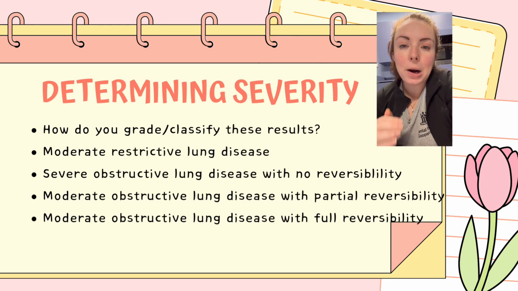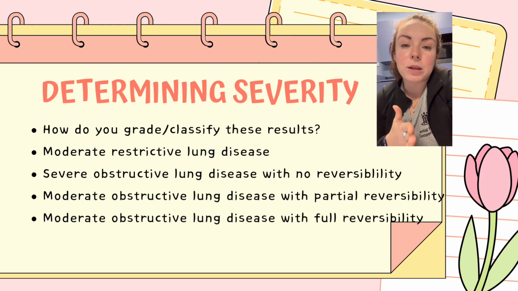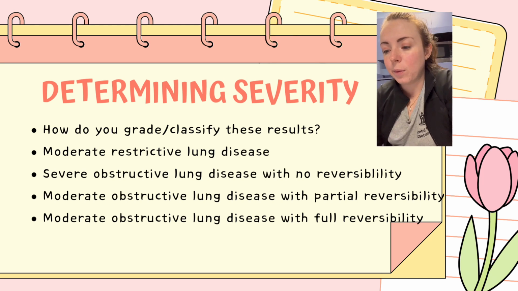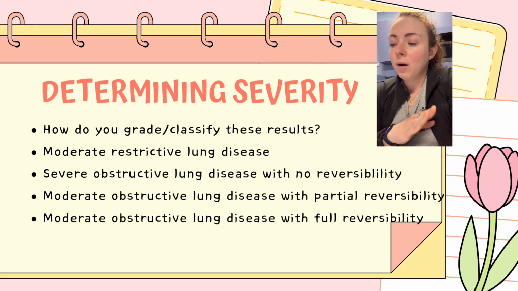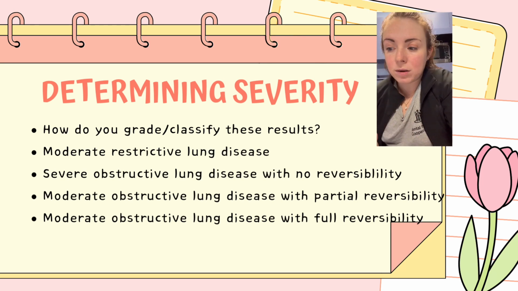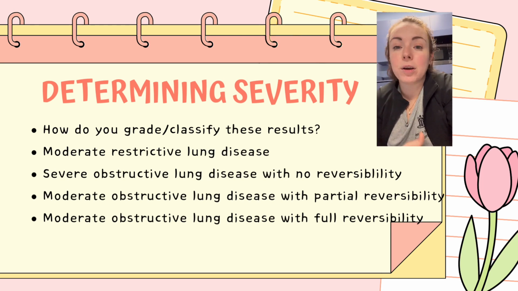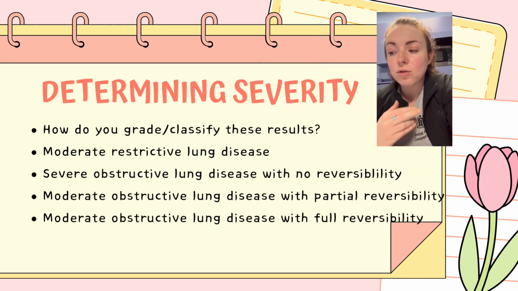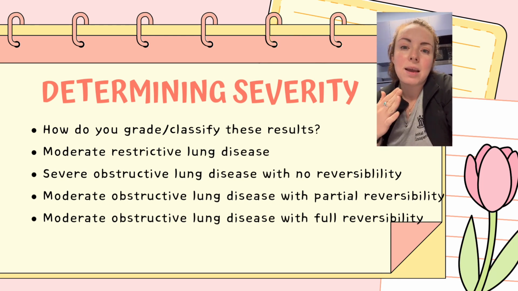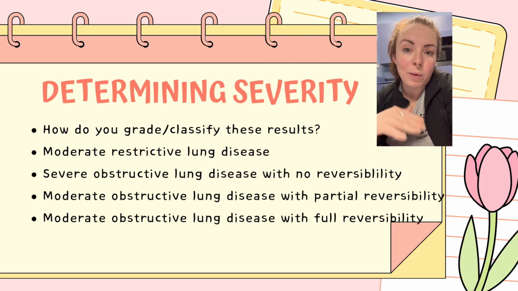Next, we've got a moderate. The next answer choice is a moderate obstructive lung disease with partial reversibility. If we look at the pre-FEV1 of 64%, we do have a moderate score according to the FEV1 scale. We know it's obstructive because the FEV1 is below 80.